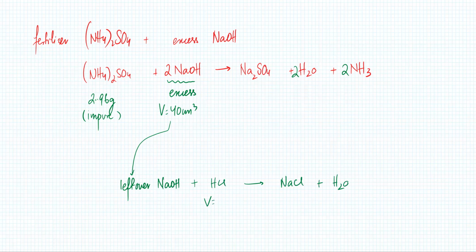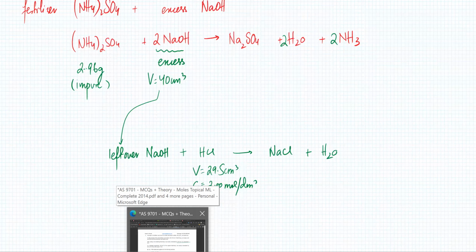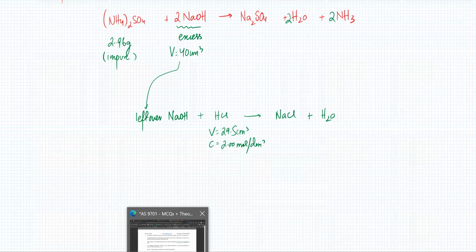So volume is 29.5 cm cube, and the concentration is 2 mole per dm cube. So we've written down the reactions as well. And the question does not end over here. This is the first part of the question. Okay, that part ends over here.